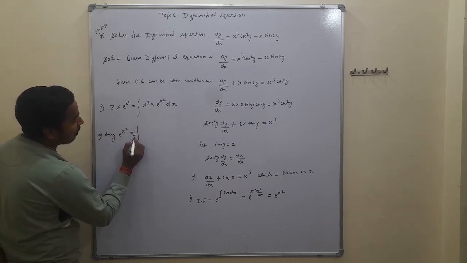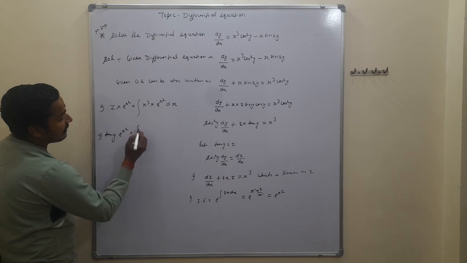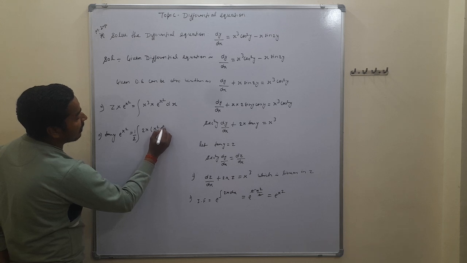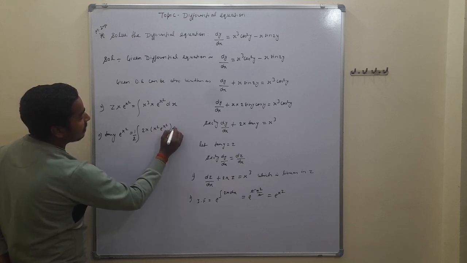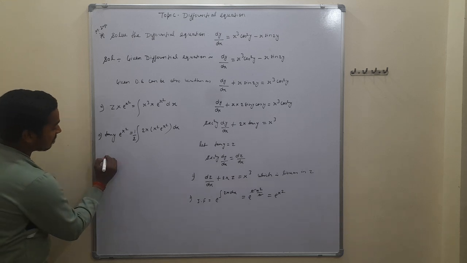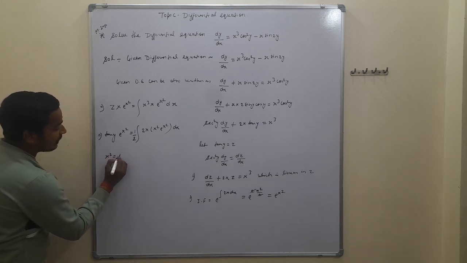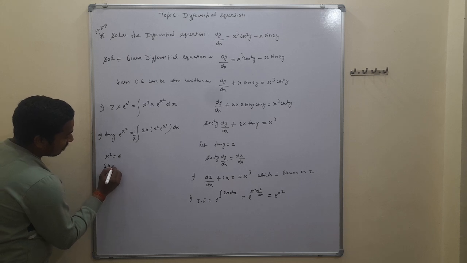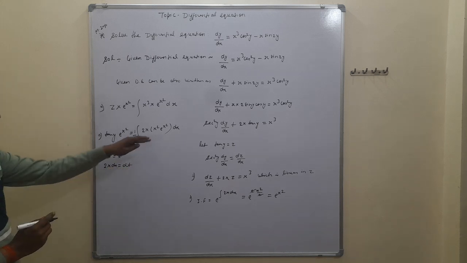This is 1 by 2 integral of 2x into x square into e to the power of x square dx. And from here we have to let x square is equal to t. Then the equation becomes 2x dx is equal to dt, and we have to replace dx.